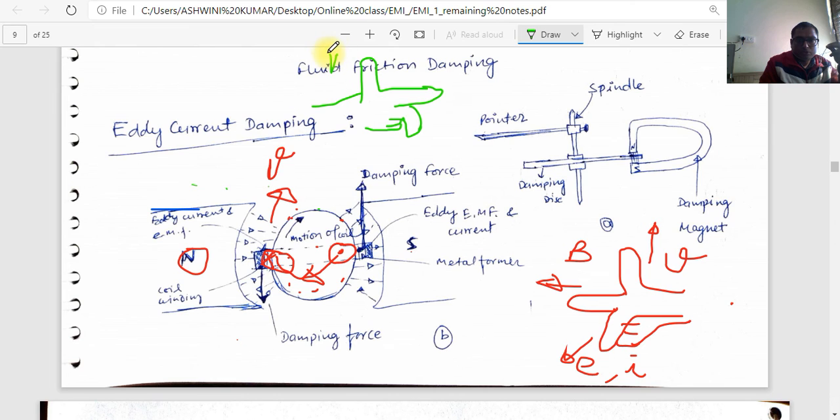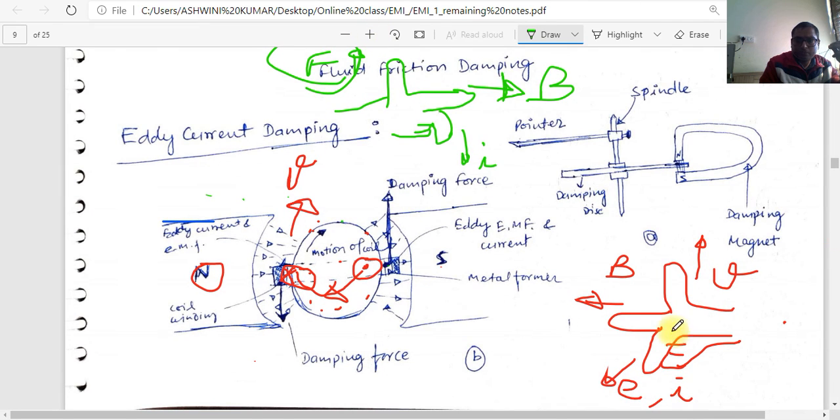This is the direction of the force F, this is the B direction, and this is the current I. This is the acting force.